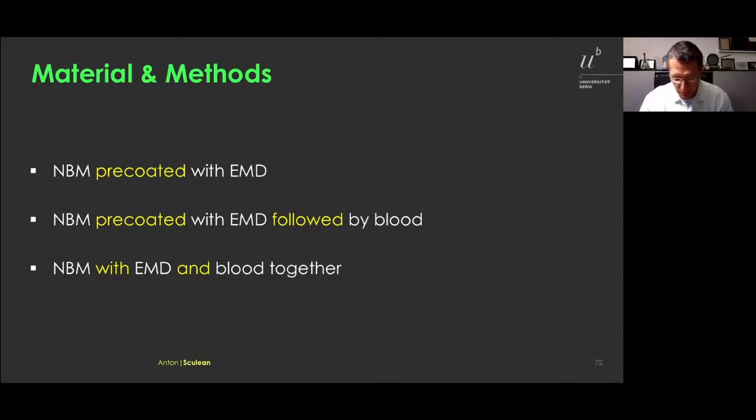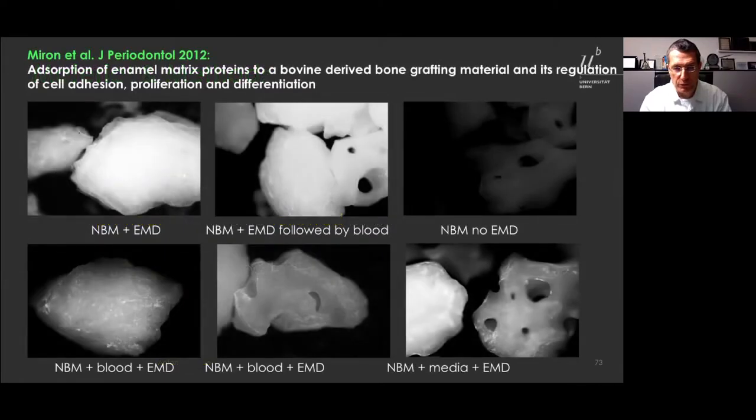And we wanted to see what is going to happen with the proteins on the surface of these grafting materials. What you can see here very clearly is the particle of NBM, the xenogenic material, with EMD. You see this very light staining. What does it mean?